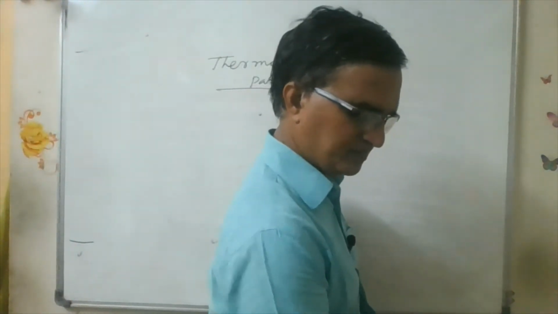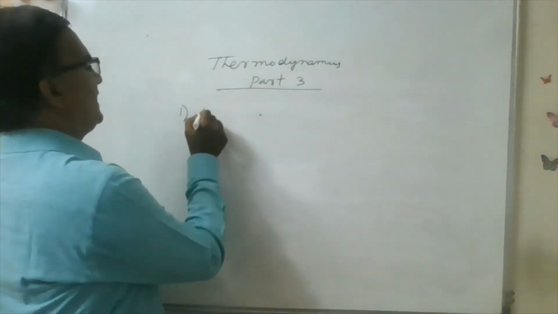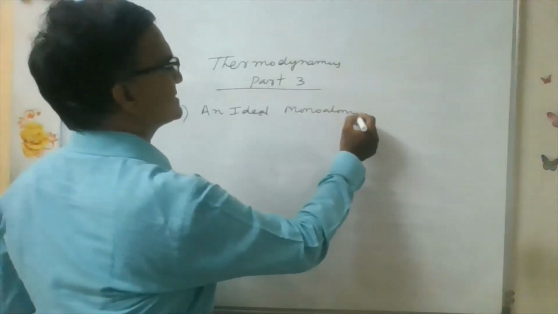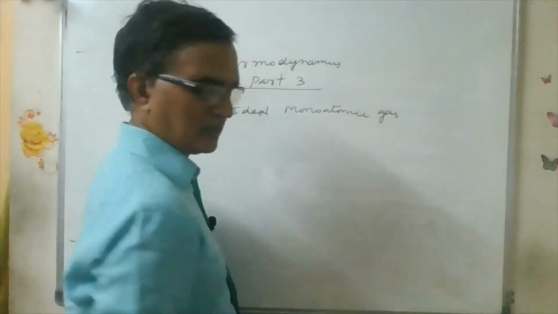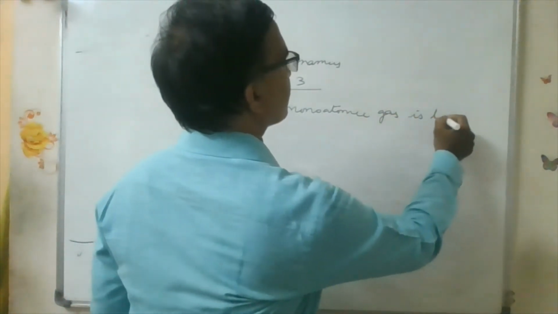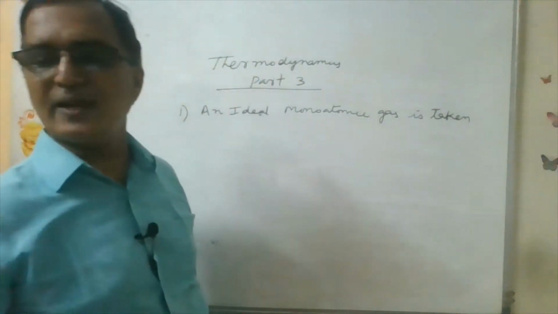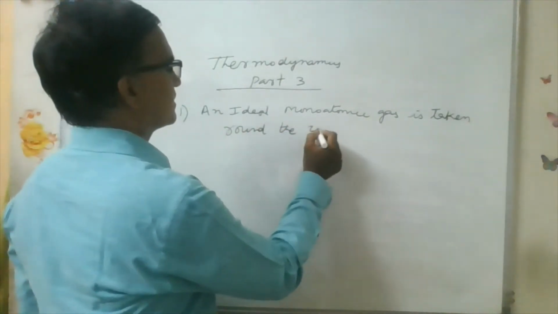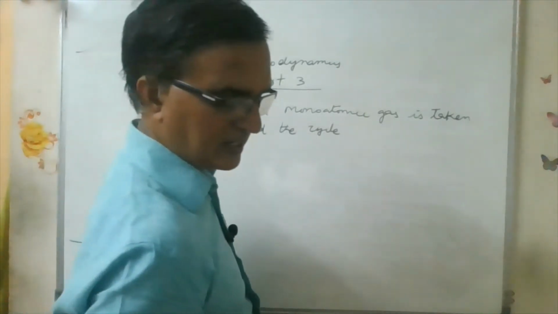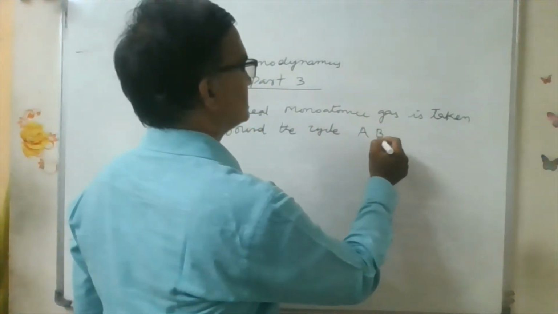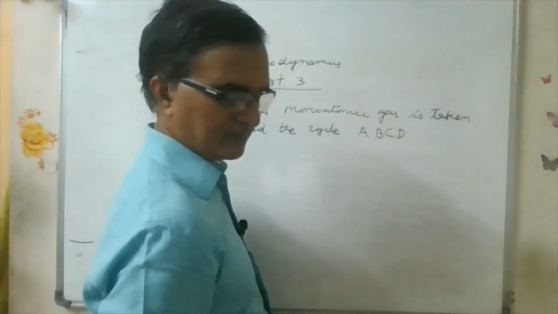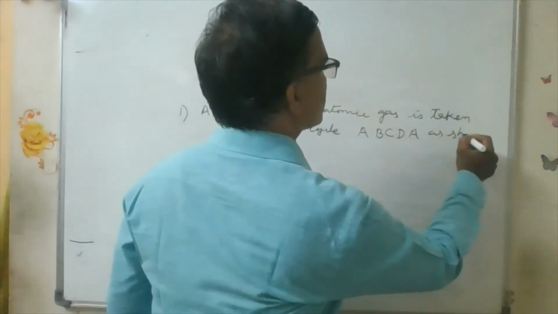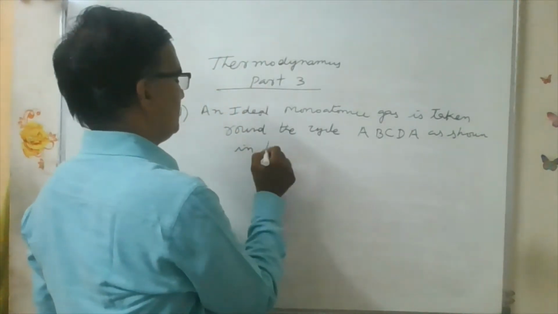Now in this first problem, an ideal monoatomic gas is taken round the cycle A, B, C, D, A as shown in the PV diagram.